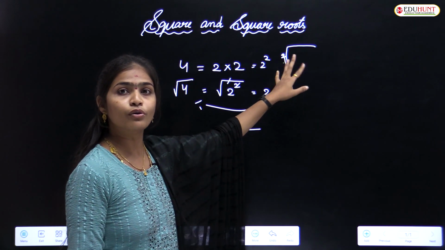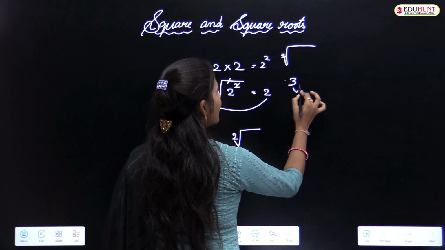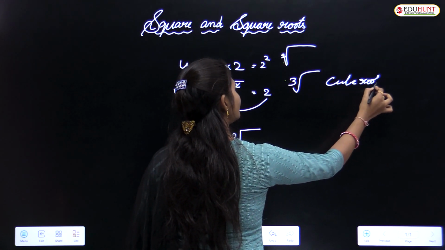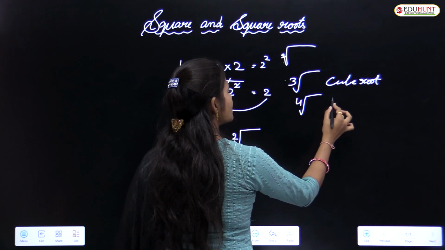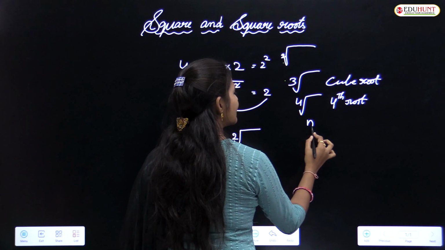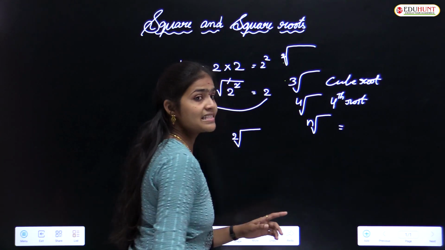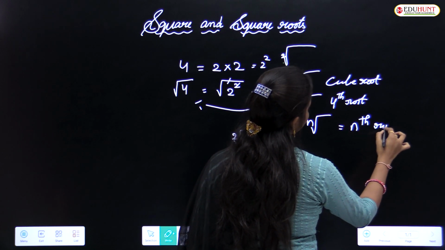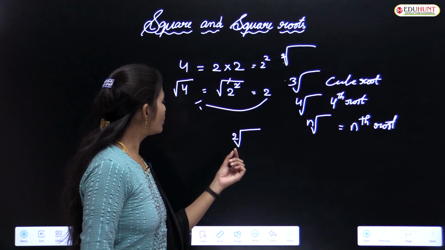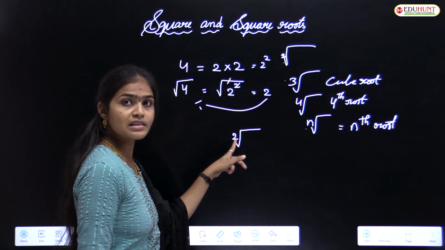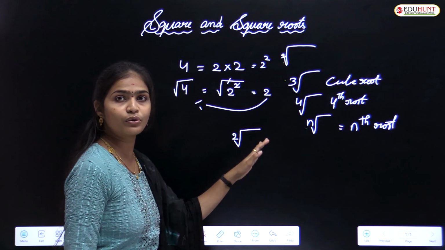If 4 is there, it is the fourth root. Like this, if n is there, it is the nth root. Here n is equal to 2, so we call this symbol the square root.